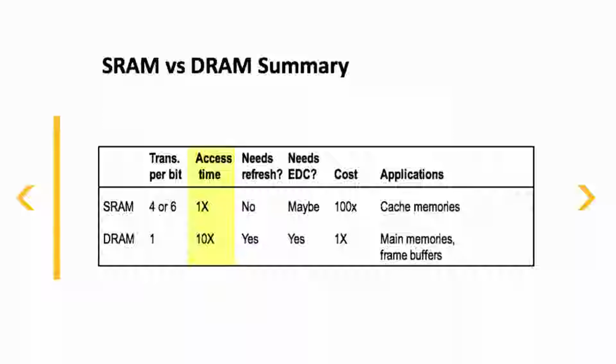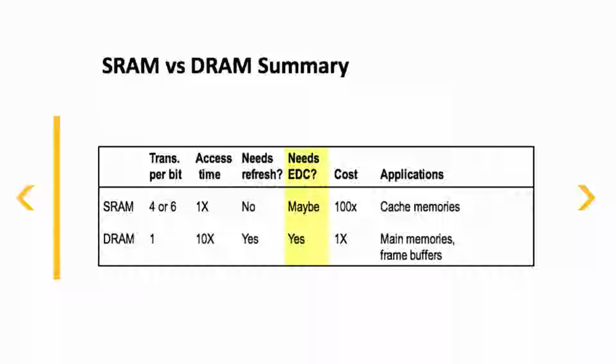Static RAM does not need to be refreshed, whereas dynamic RAM does. That just means that every once in a while, since we're storing the information in capacitors, we have to periodically refresh the information or it's going to degrade over time. So dynamic RAM needs to be rewritten periodically, whereas static RAM doesn't.